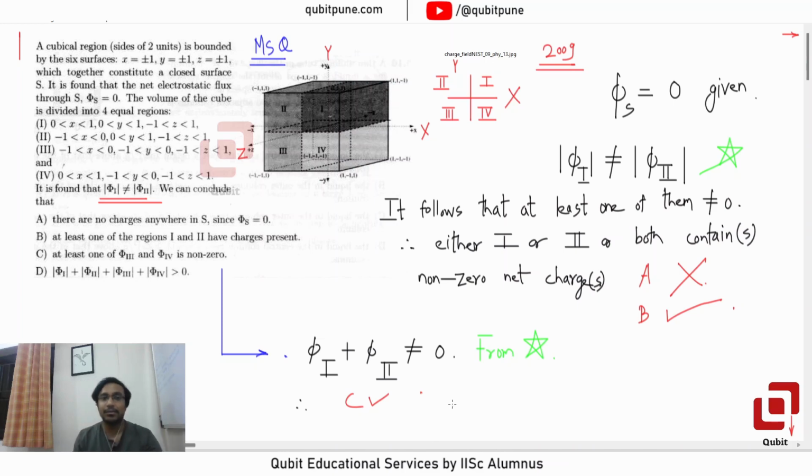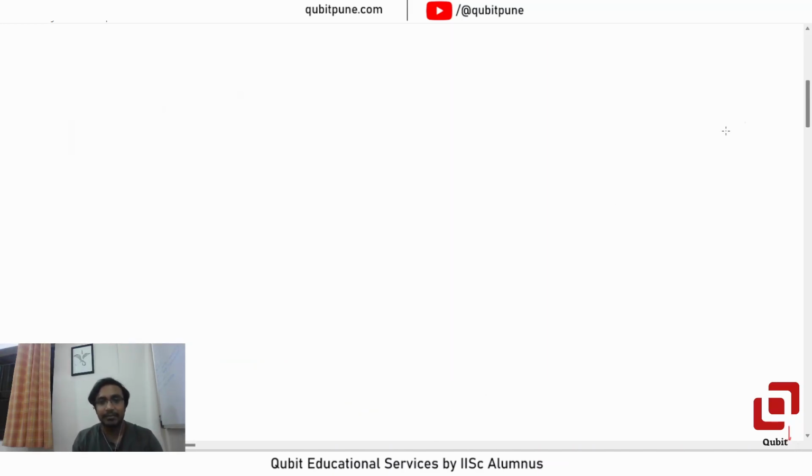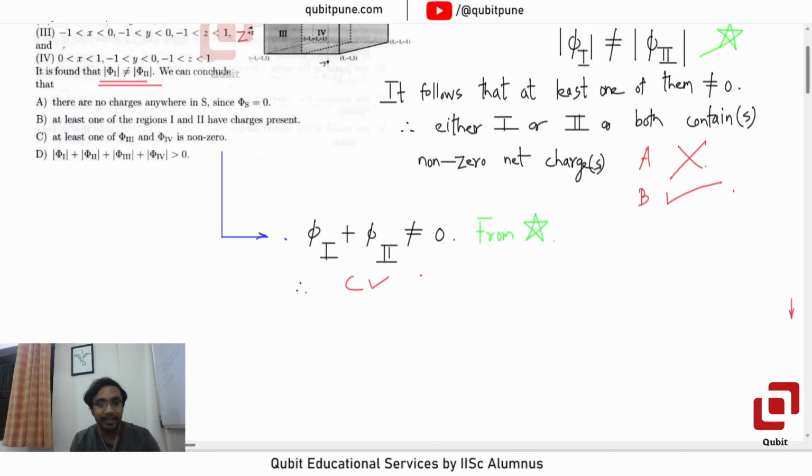How about D? Mod of phi 1 plus mod of phi 2 plus mod of phi 3 plus mod of phi 4 is greater than 0? Yes, that's true.